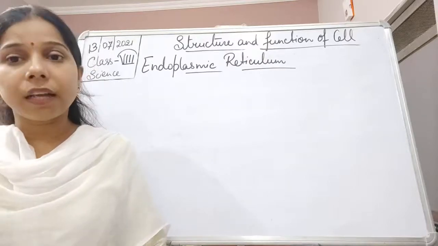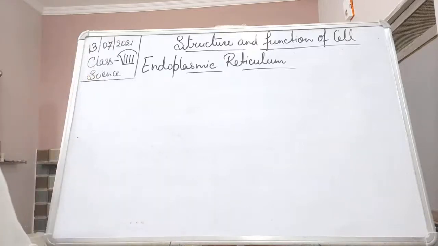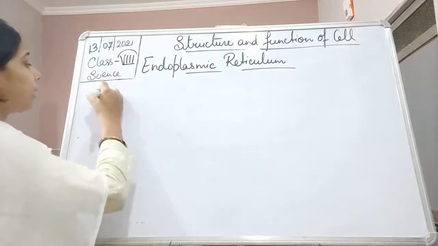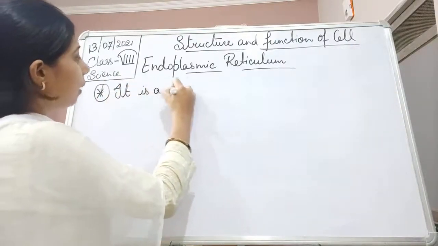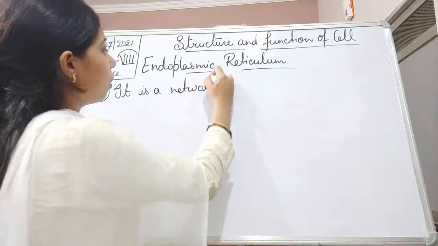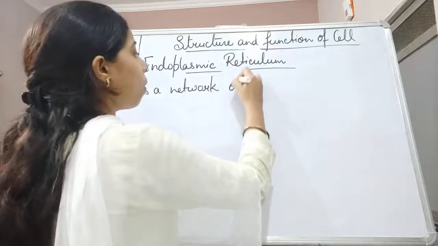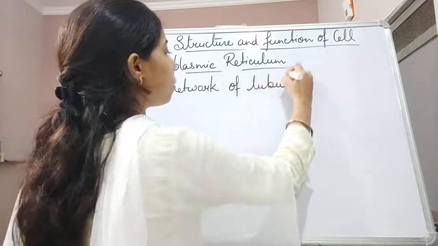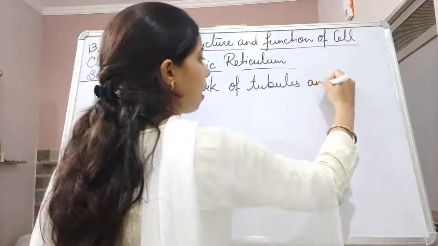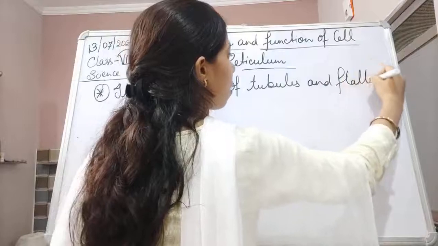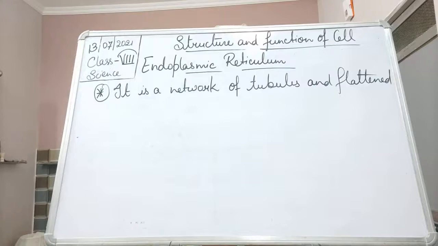But the thing that we have to understand here in case of this endoplasmic reticulum, student, the first point that we can write here is that it is a network of tubules and flattened sacs.